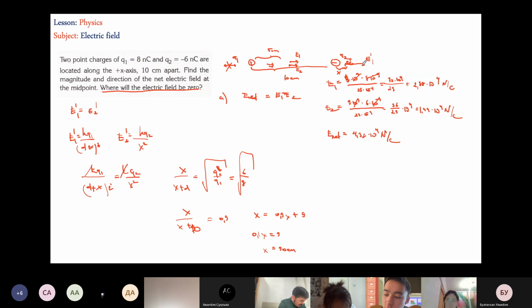Electric field's properties: lines first originate at positive and terminate at negative charge.